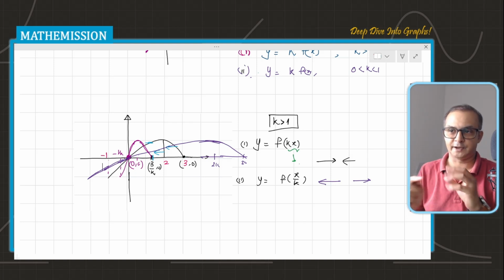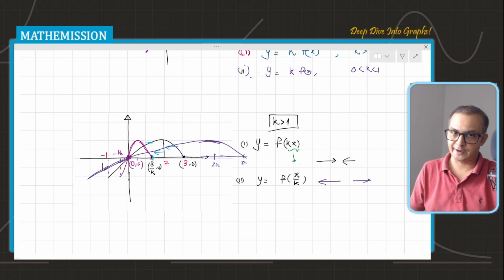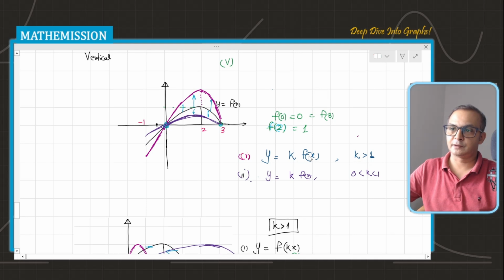Whenever we are dividing x by a number which is more than 1, there is again a horizontal stretch. When we are multiplying a function from the outside by a number which is more than 1, there is a vertical stretch, otherwise a vertical compression or vertical shrink.